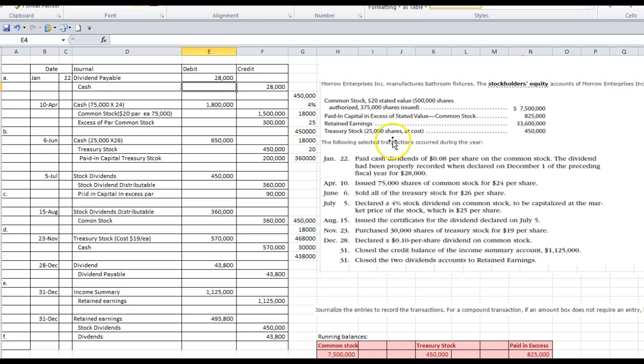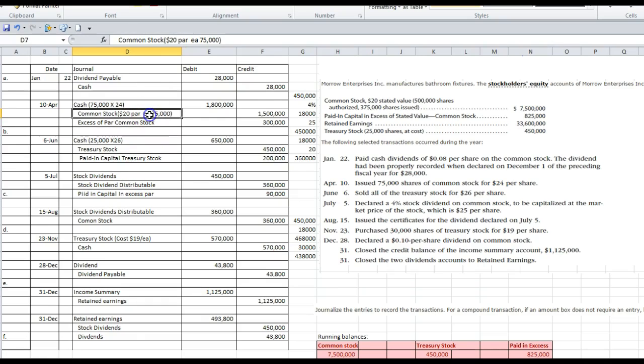And then on April 10th, it looks like we issued 75,000 shares of common stock for $24 a share. And if you look up here, you'll find common stock is sitting at $20 par. So that means we've got three accounts we have to use. We have to use cash because we're going to receive cash. We have to have common stock, and we have to have excess of par.